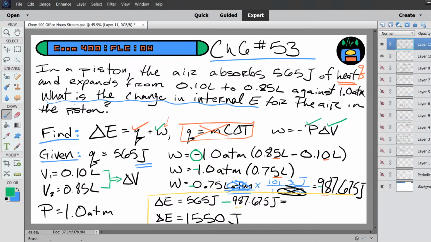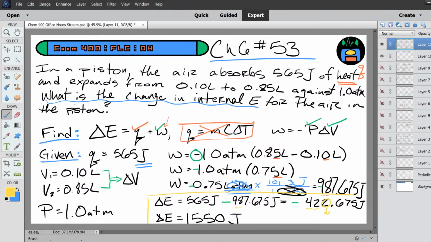We've got 565 minus 987.675. That is a negative 422.675 joules. And we can only have 2 sig figs.